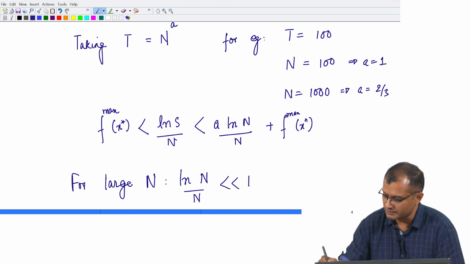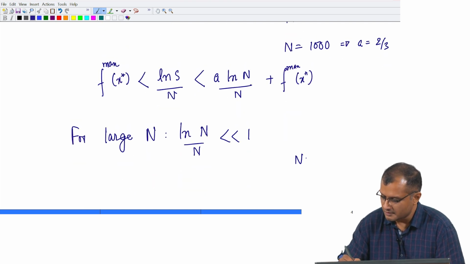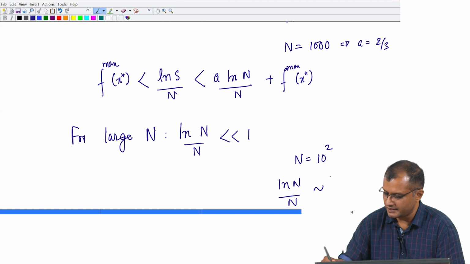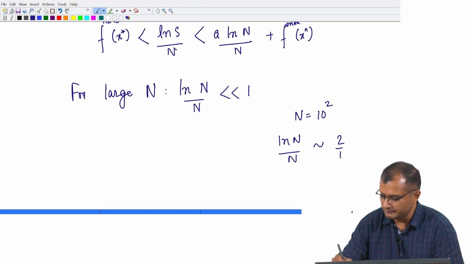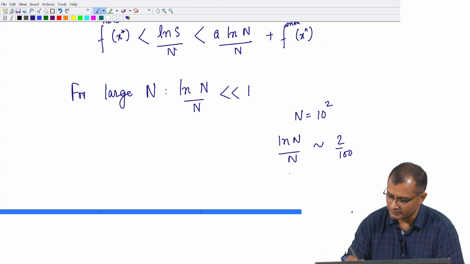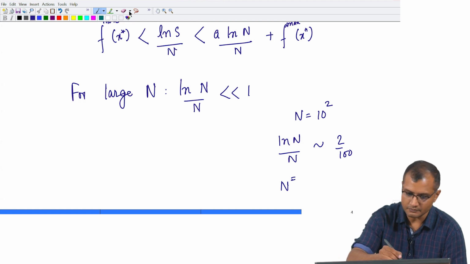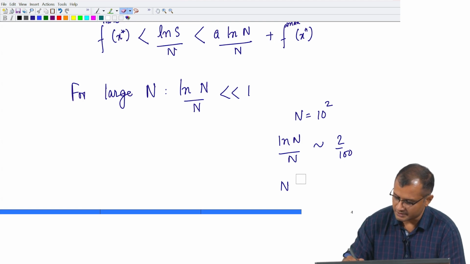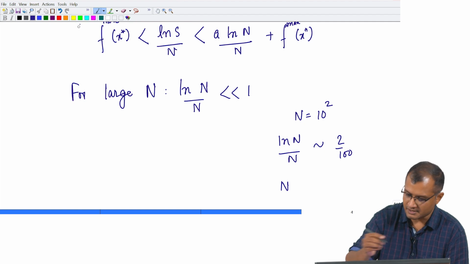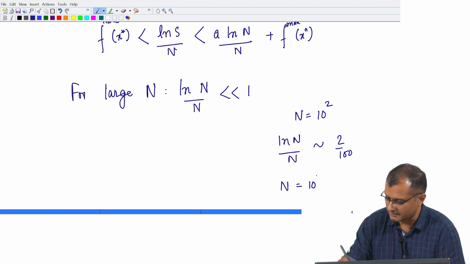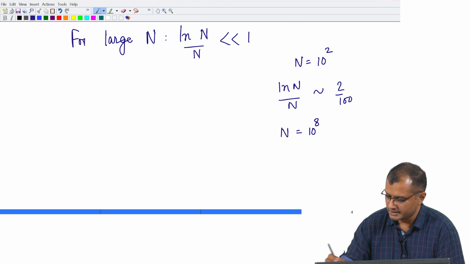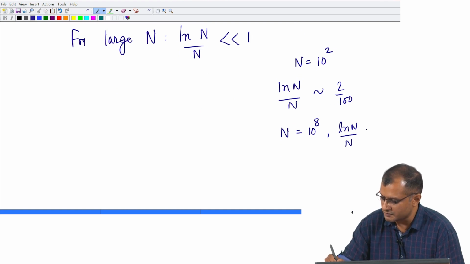Suppose you take n as 100, then ln n by n is roughly 2 by 100, and if you take n as let us say even larger, 10 to the power 6 or 8, some larger number, then you can say that ln n by n is an even smaller number, this would be just 8 by 10 to the power 8.